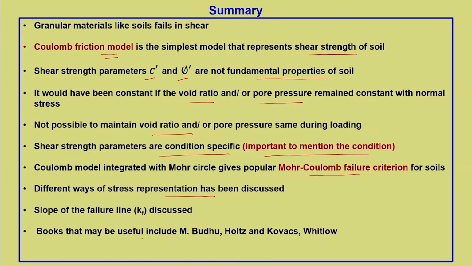Books that may be useful for this particular module are Muniram Budu's book, Hall and Kovacs, and Whitlow. These two I have already specified in the reference, but Whitlow's book is not there. It is R. Whitlow, Basic Soil Mechanics, Longman, 1995. This is also a good book to follow. I am basically following these books for generating these lectures.